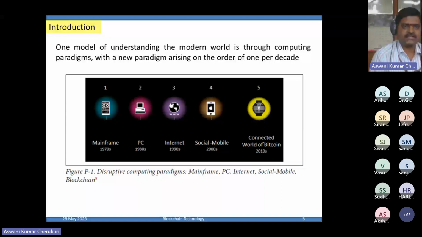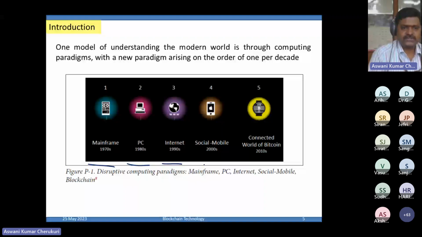Among this entire age of computer science, there is an age called mainframe age. Then there is an age called personal computers age in the 1980s. Then there is an era called internet era, post 1990s, wherein the internet has revolutionized the computer science discipline.